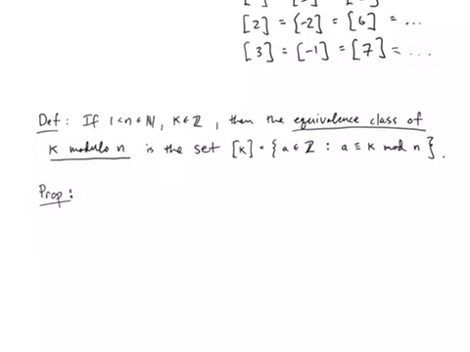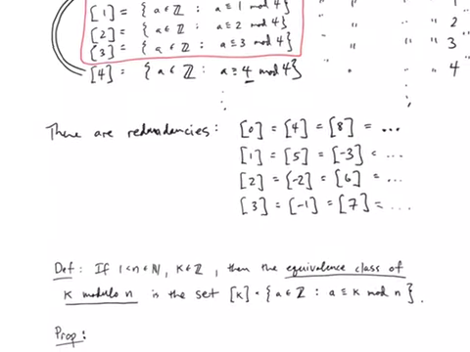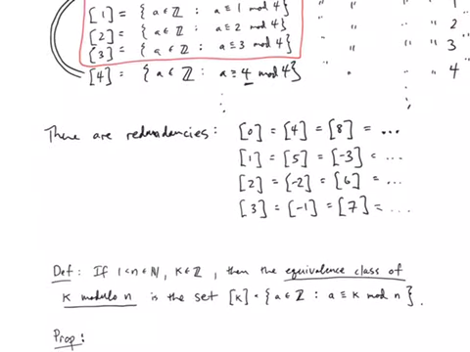So above, we saw that there was a kind of redundancy in the labeling. So we saw in the picture that it seemed intuitively clear that the equivalence class of 0 is equal to the equivalence class of 4. And that would be the same as the equivalence class of 8.